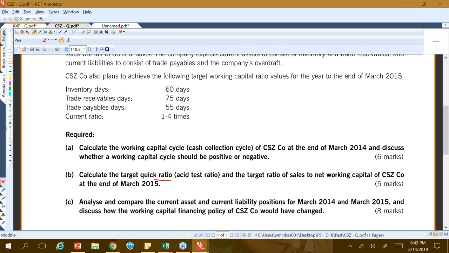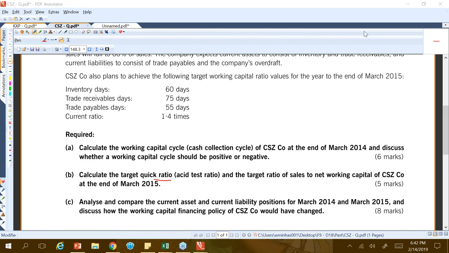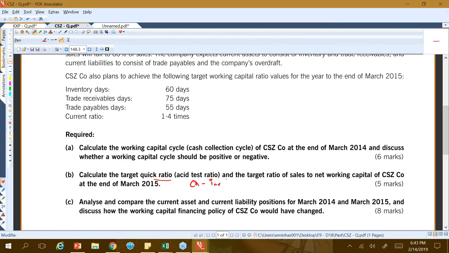And the target ratio of sales to net working capital. So the examining team wants us to do this ratio, sales to net working capital. So if I can just do some notes. The quick ratio is current assets minus inventory over the current liabilities, and this is the sales over net working capital ratio.